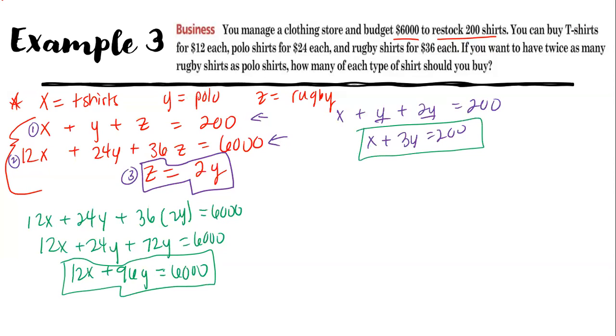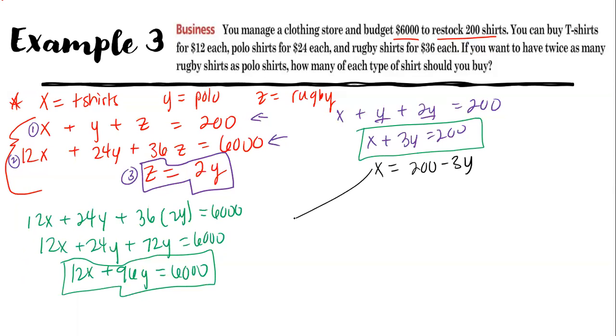Again, now that we're at step 4, it leads itself to doing substitution again, because I have another variable that I can easily get by itself that has a coefficient of 1. So I'm going to solve for x. X equals 200 minus 3y.